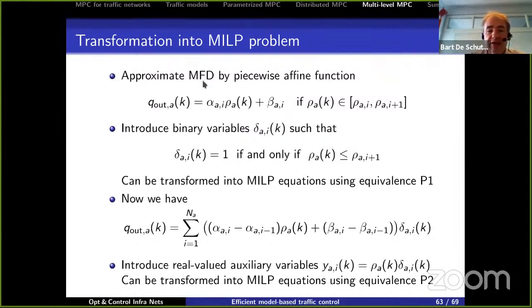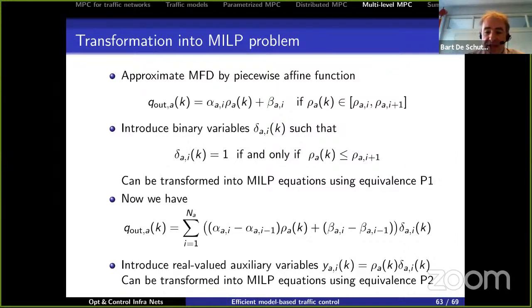So we get a linear expression if the density belongs in a certain region. And then we can actually use the statement that we had before. So if the density is less than a certain variable value, we let that transform to delta being equal to 1. That we can transform into mixed integer linear programming equations using the first equivalence.